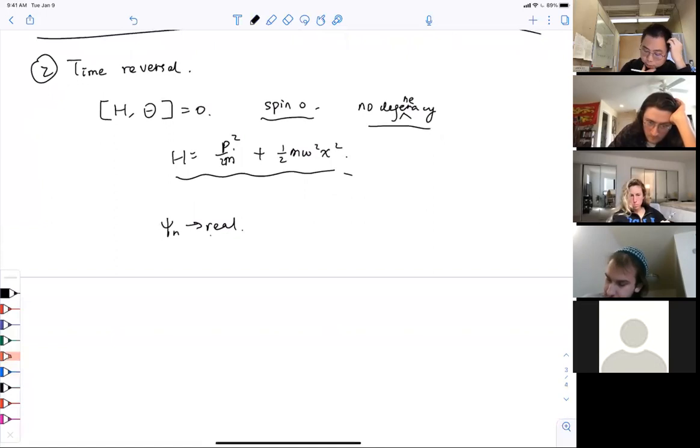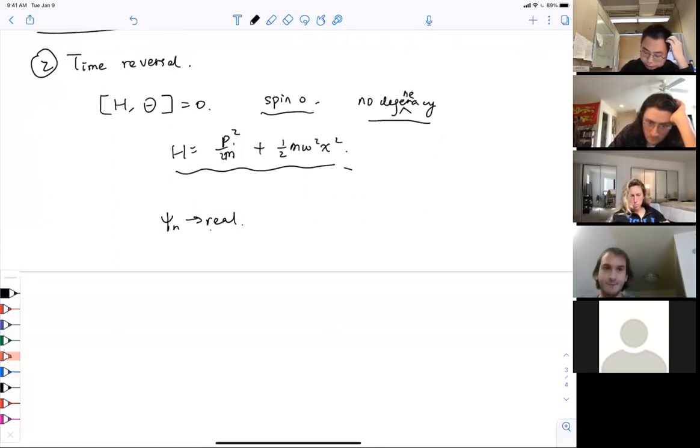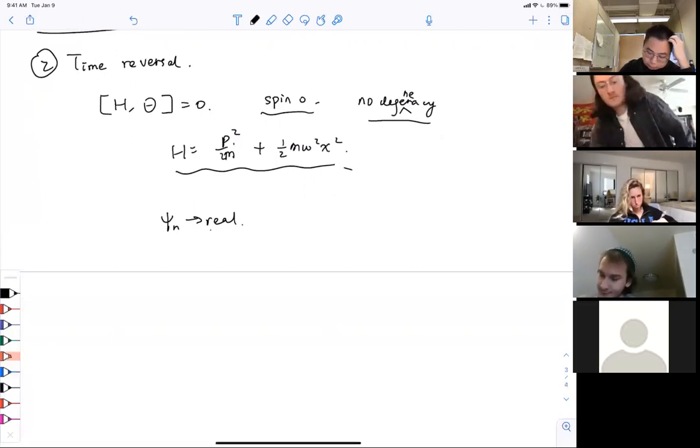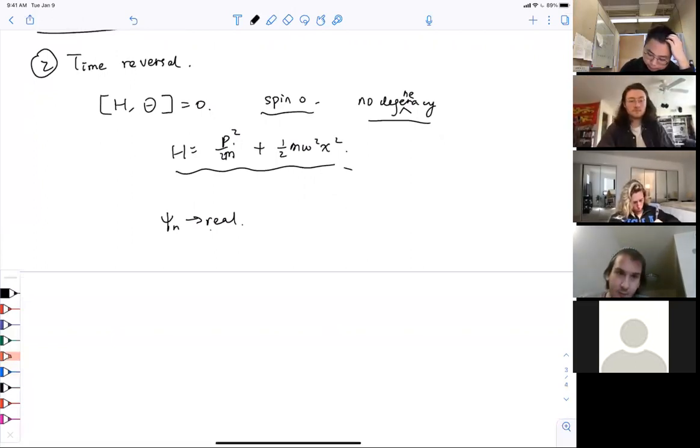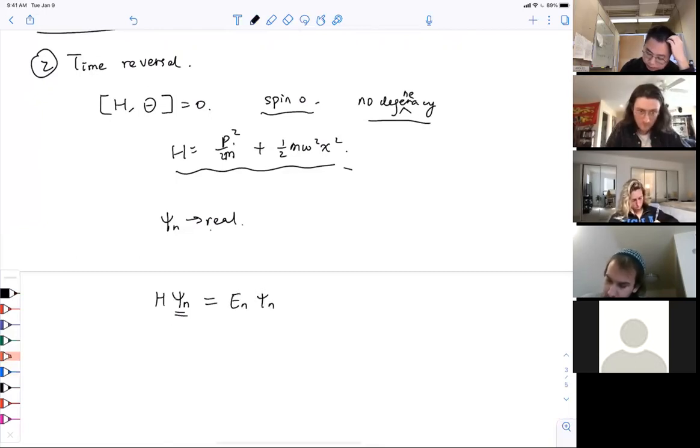I think we talked about this in a previous discussion, but I'll just refresh your memory. The proof is also very simple. Basically, imagine I have some eigenstate psi n with energy En.